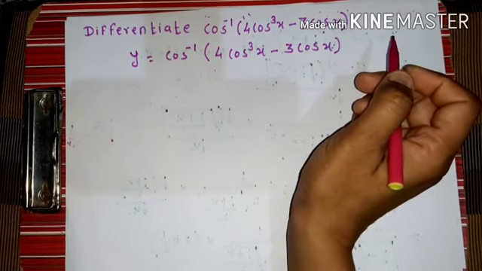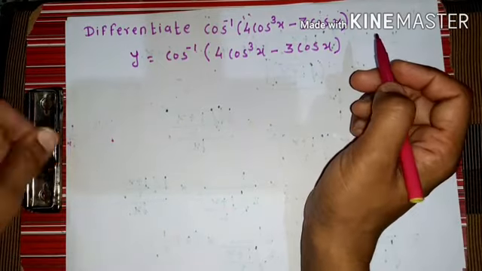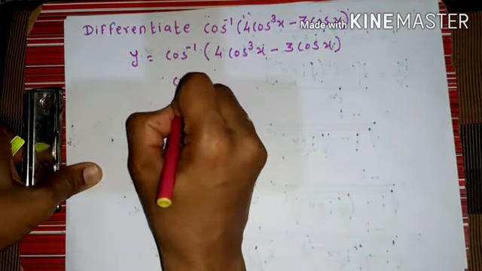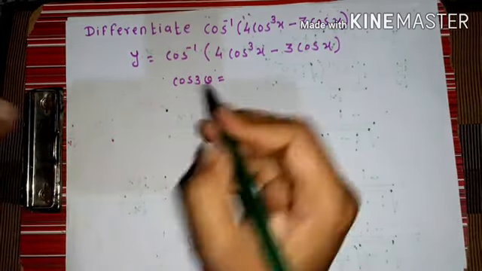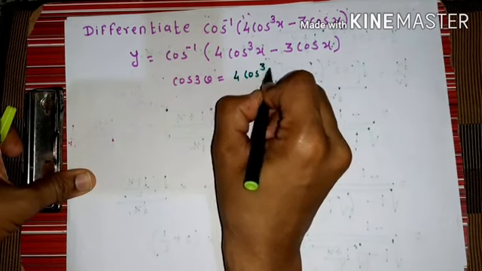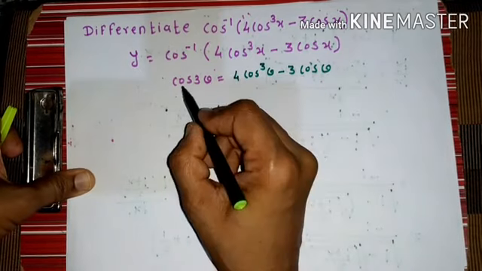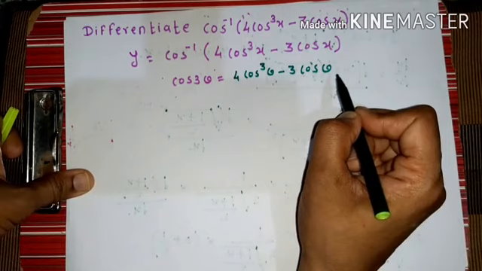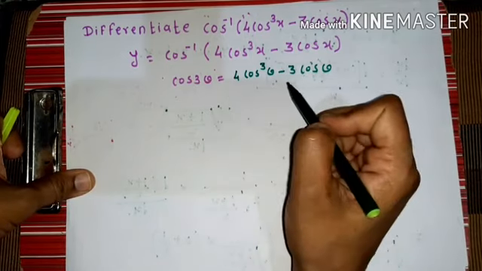Okay, students, we have just revised the formula for cos of 3 theta. Cos of 3 theta is 4 cos cube theta minus 3 cos theta. That means cos 3x equal to 4 cos cube x minus 3 cos x, and this is cos of 3x.